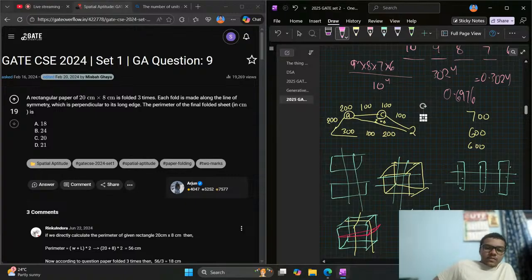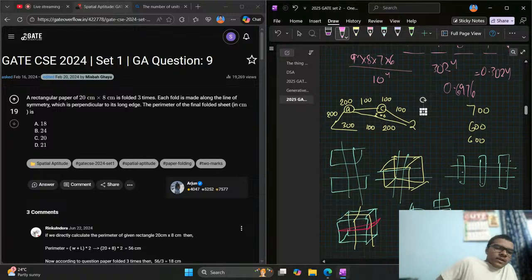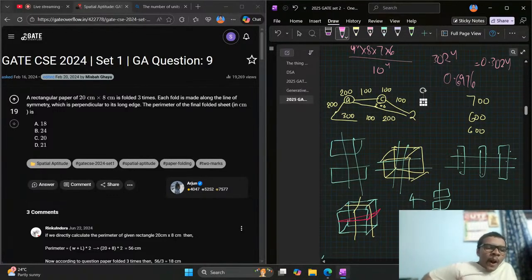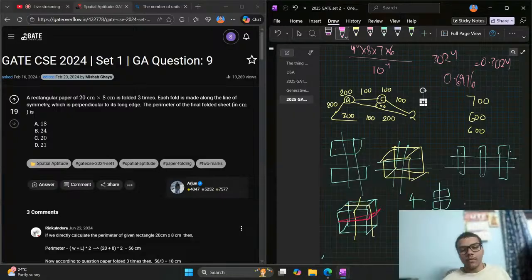Rectangular paper 20 times 8 is folded. Each fold is perpendicular to its long edge. Dude, what? 20 times 8. So, 3 times each fold is made along the line of symmetry perpendicular to the long edge.